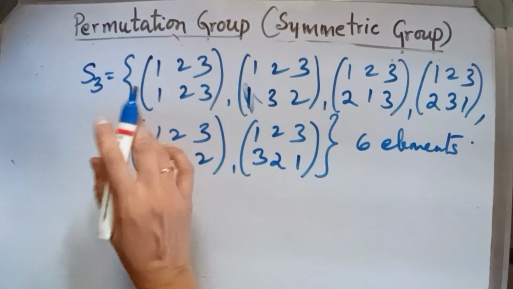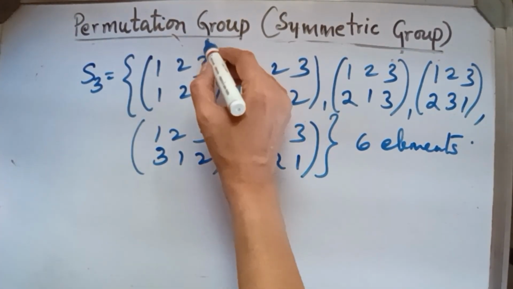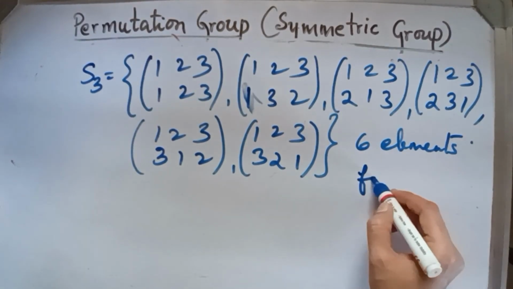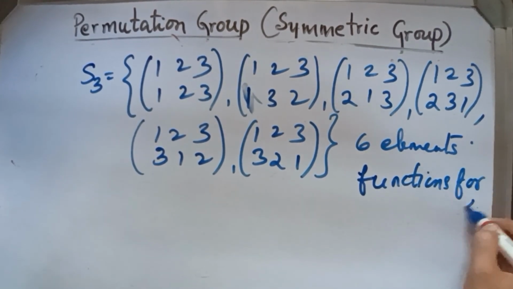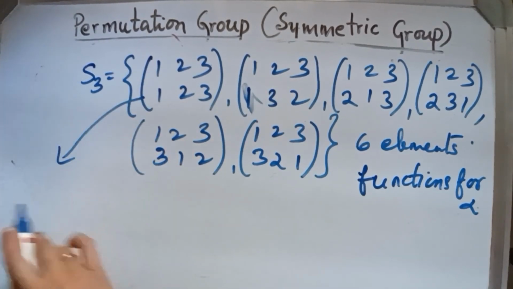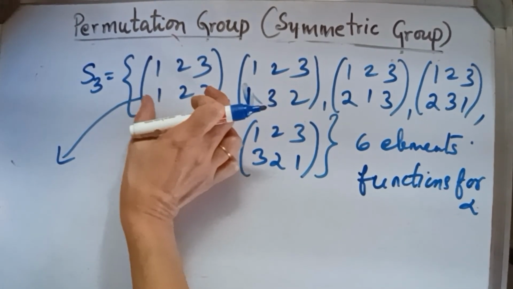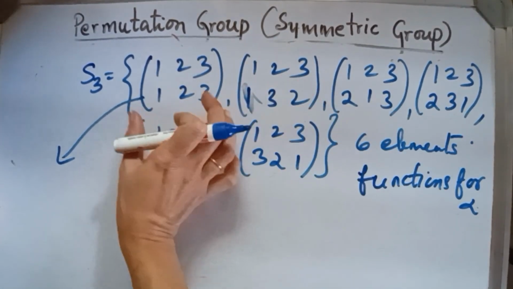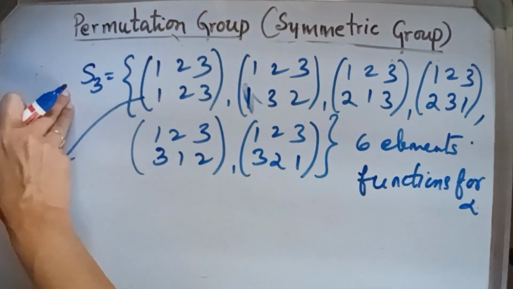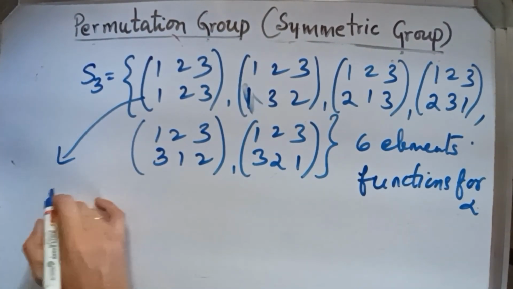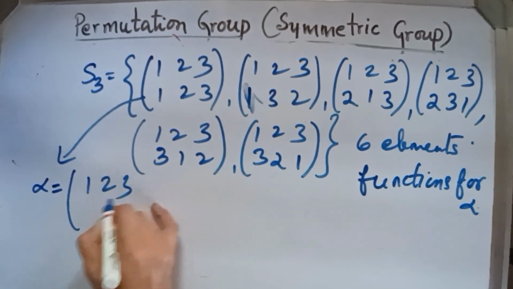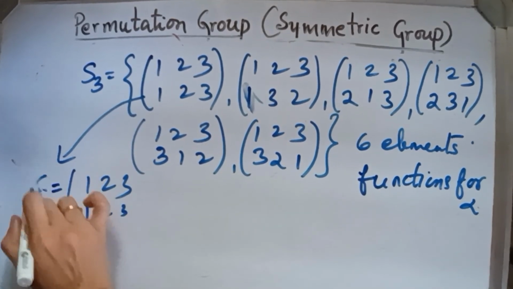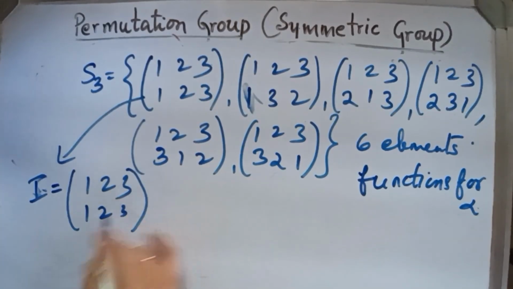If you name them as F1, F2, these bijections are nothing but functions. If you name them as either F or alpha, then any permutation or any bijection is an element of this symmetric group. This first one, let us name it as identity, because it's the identity permutation.